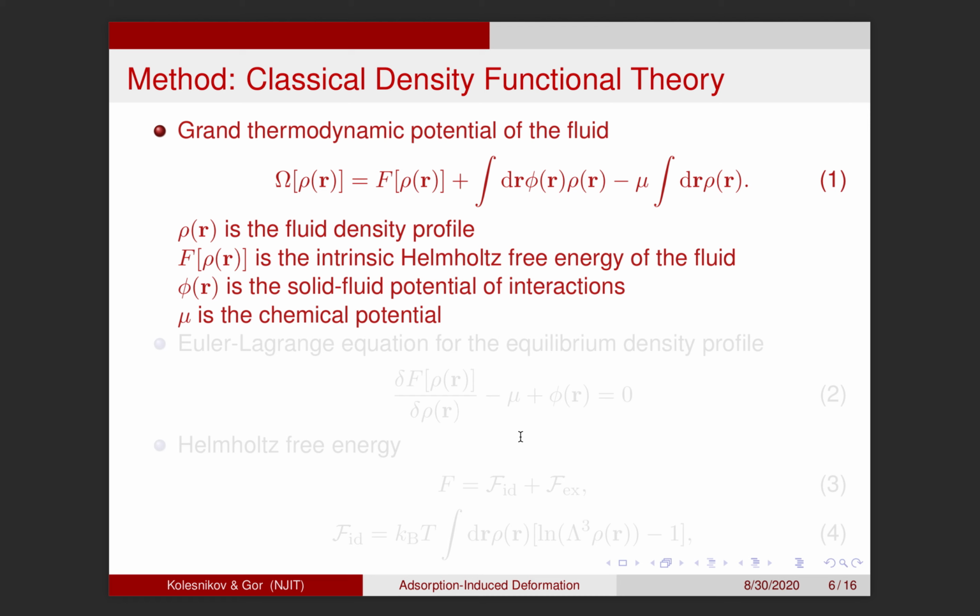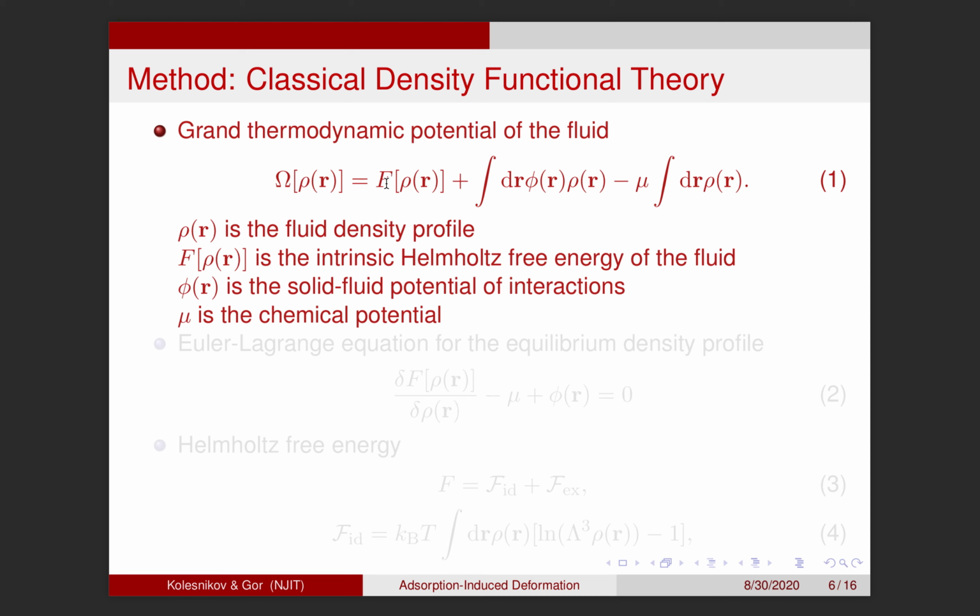So the starting point for the DFT, for density functional theory, is an expression for the grand thermodynamic potential of the fluid, omega. And it is presented as a functional of the density profile, of the fluid density profile, rho.